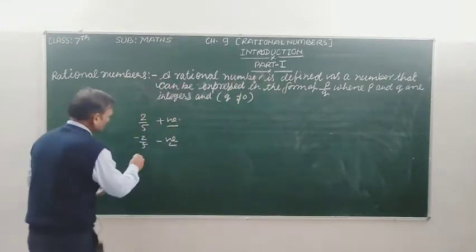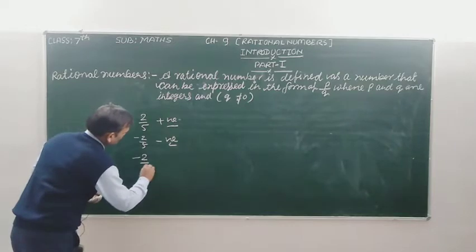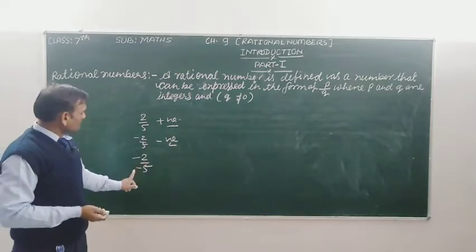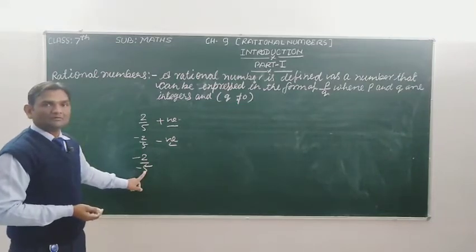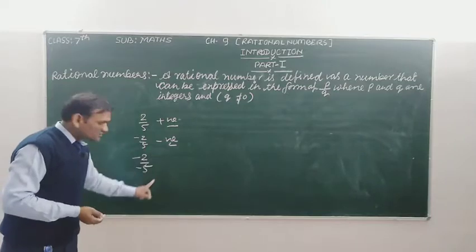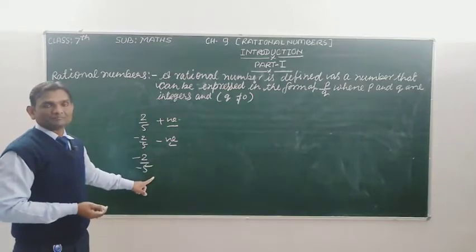Student, I am writing like this: minus 2 upon minus 5. Which type of rational number is this? This is a positive rational number also, student.